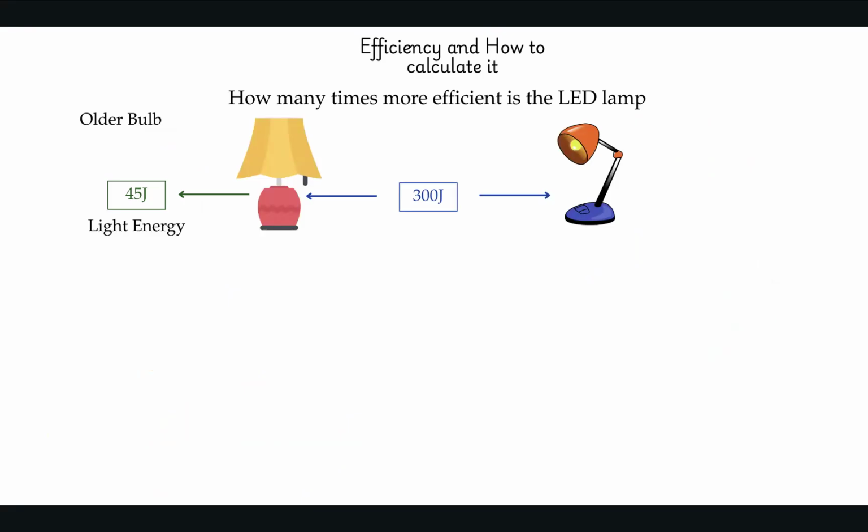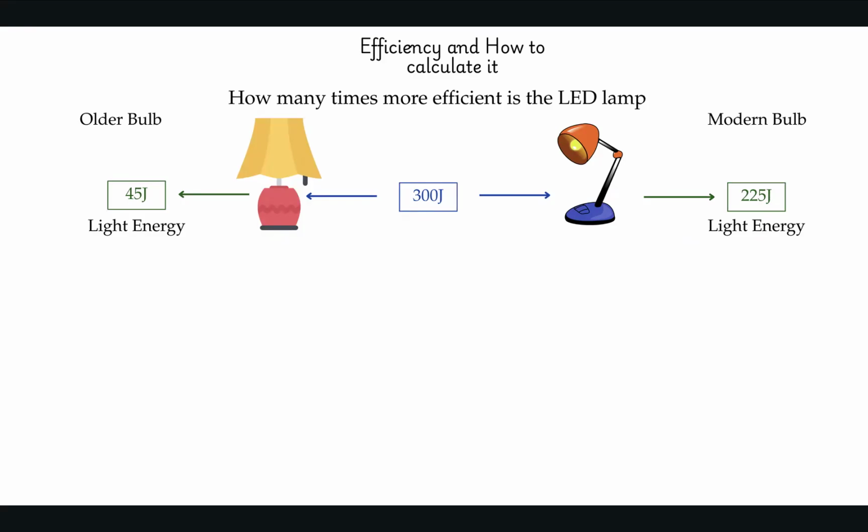Let's have a look at this example. So this older bulb has 45 joules of light energy, and this is the modern bulb, and it gives off 225 joules of light energy from the 300 joules that it receives.